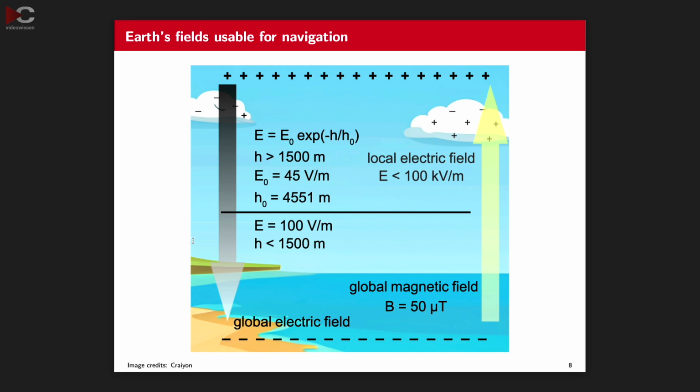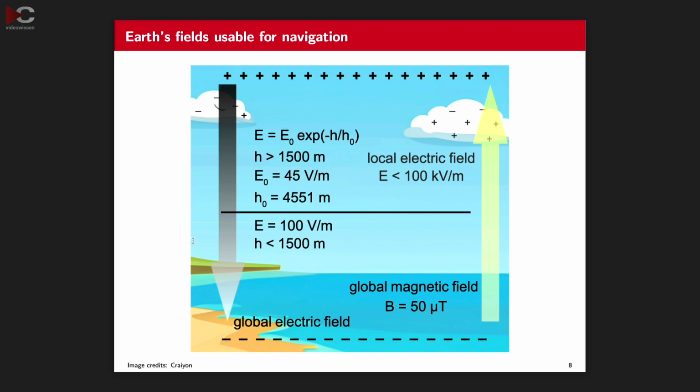Above that, we have a discontinuity layer, and then we have an exponentially decreasing electric field for increasing height. As reference for the exponential law, I give here a reference field strength of 45 volts per meter at a reference height of 4.5 kilometers. So we can insert these two values into the exponential law and then get the electric field strength for altitudes above 1.5 kilometers.